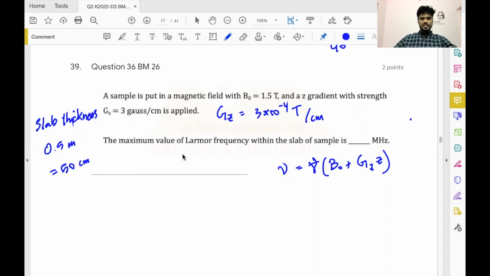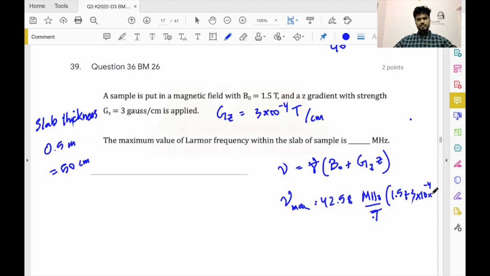So the maximum will go 25 centimeters to this side, 25 centimeters to this side. So our new max is going to be 42.58 megahertz per Tesla. I'm going to leave this in megahertz per Tesla. And 1.5 plus GZ, that is 3 into 10 power minus 4 Tesla per centimeter into 25.